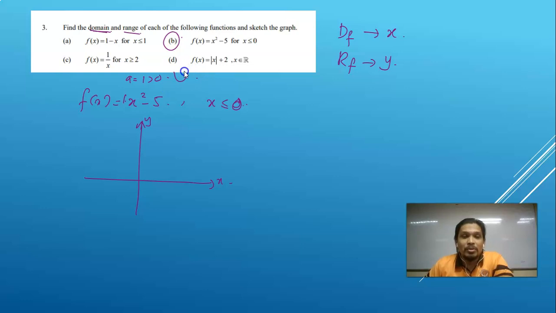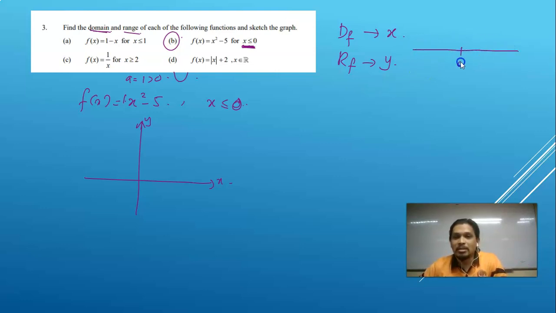Because the question wants us to find the domain and range, class, when they give you something here, the general value of x that can be used in this function x squared minus 5, so that the function is defined, is all values of x from negative to positive infinity.